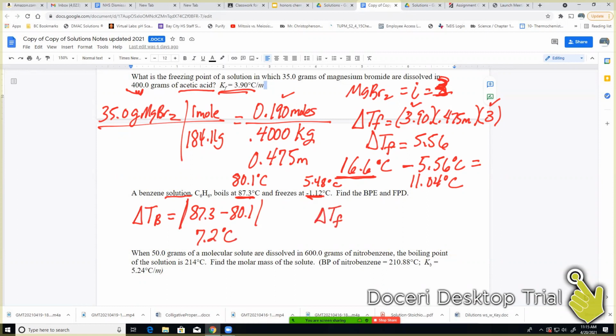Same thing with my freezing. Now freezing can be a little bit harder to understand because once again, it's how much it changed.